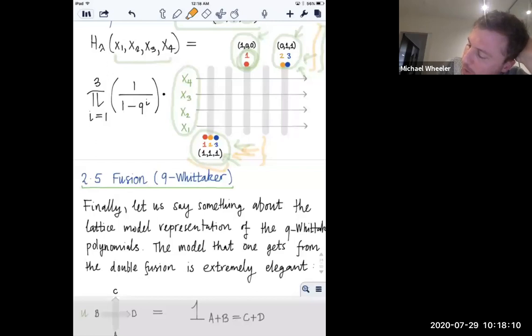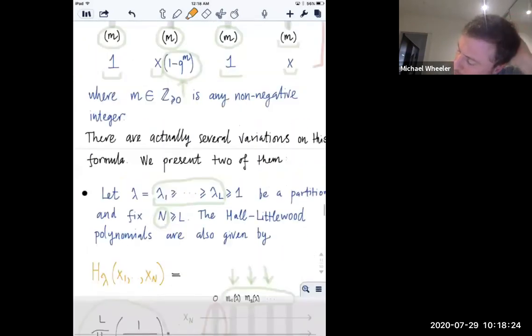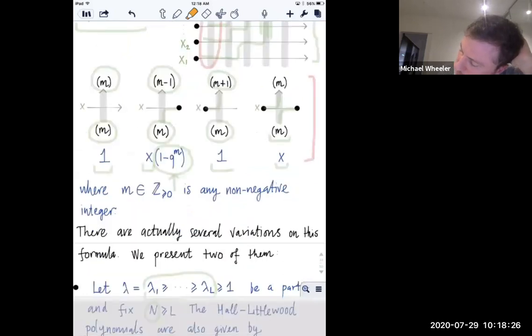In the q equals -1 case, I would say something similar should work, because when q is equal to -1, you essentially forbid ever having two paths coming into the same vertex. So if we go back to the vertex weights, back here, this vertex has a factor of 1 minus q to the m, and when m is equal to 2, this thing is going to vanish when q is equal to -1.